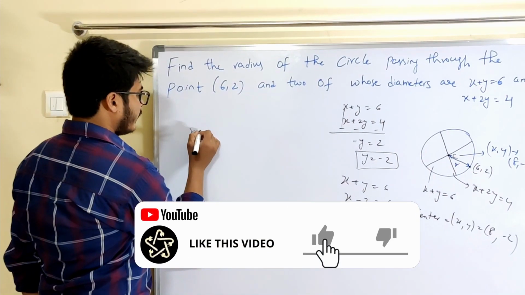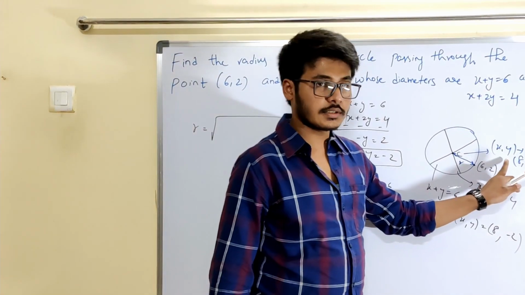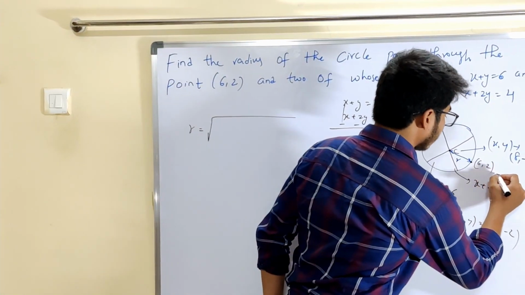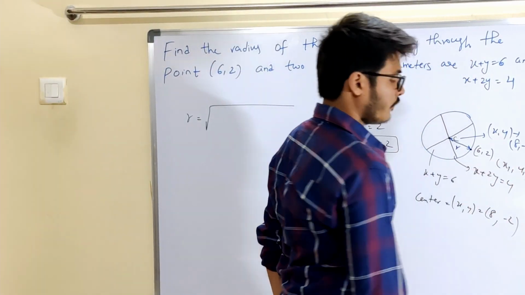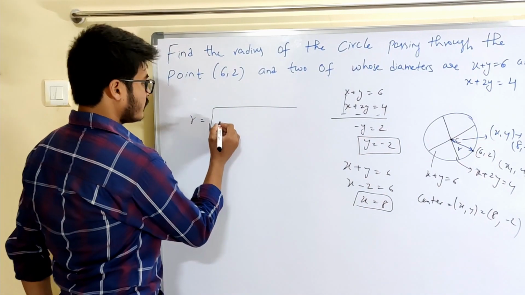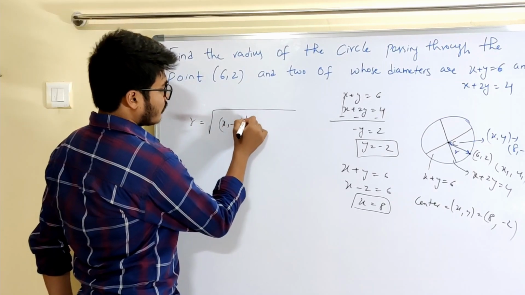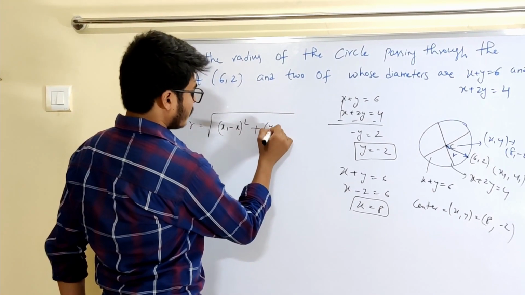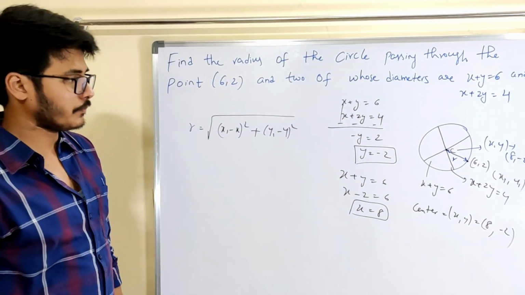So radius r is equal to square root of, let us assume this is x comma y and this is x1 comma y1. So the distance between center and point is square root of x1 minus x whole square plus y1 minus y whole square.